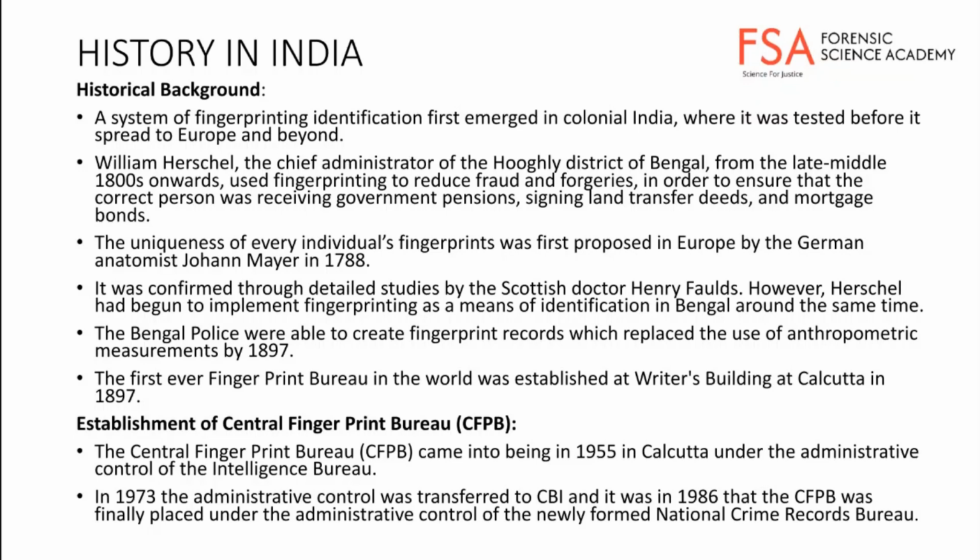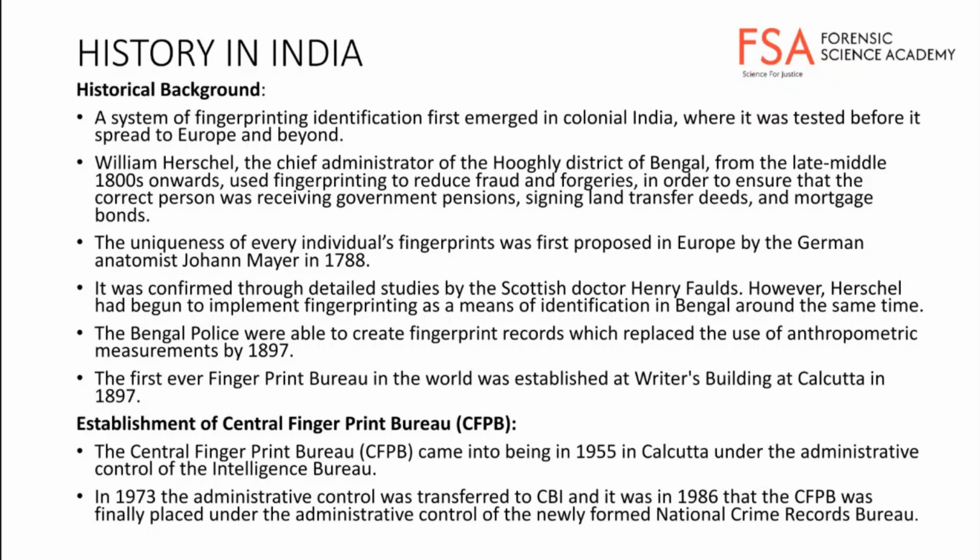A system of fingerprinting identification first emerged in colonial India, where it was tested before it spread to Europe and beyond. William Herschel, the chief administrator of the Hooghly district of Bengal, from the mid to late 1800s onwards, used fingerprinting to reduce fraud and forgeries.